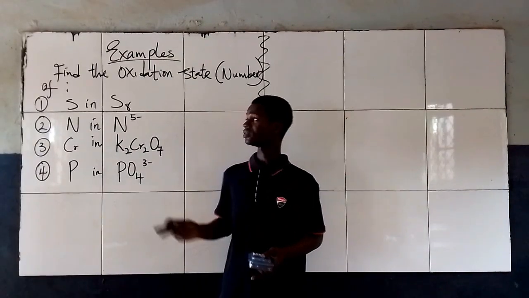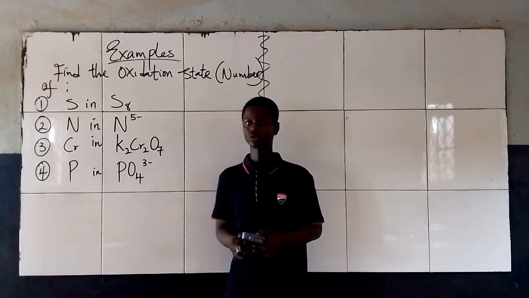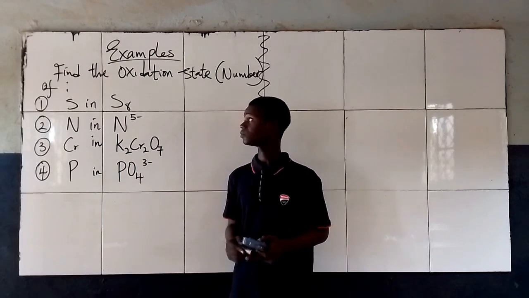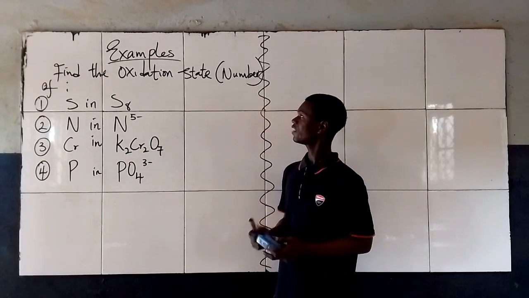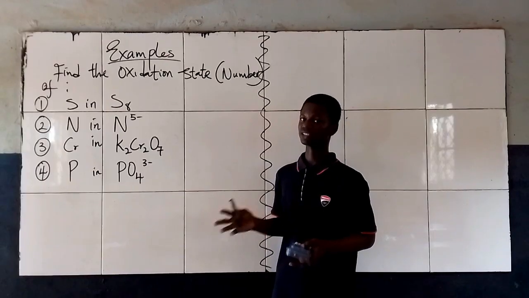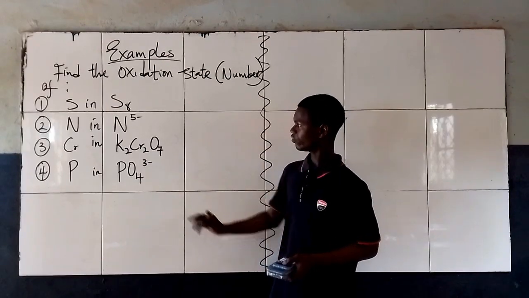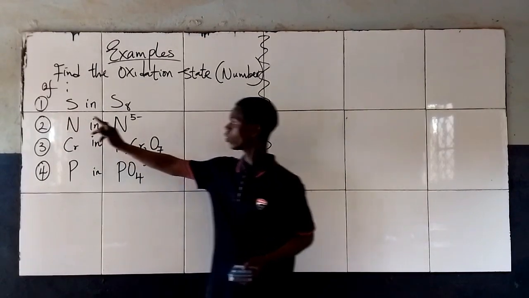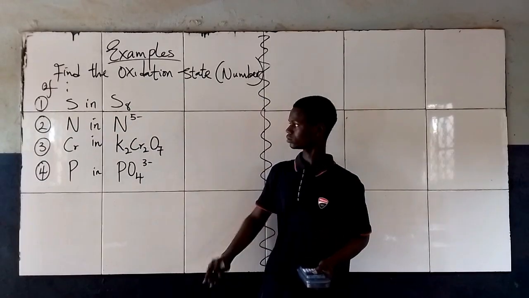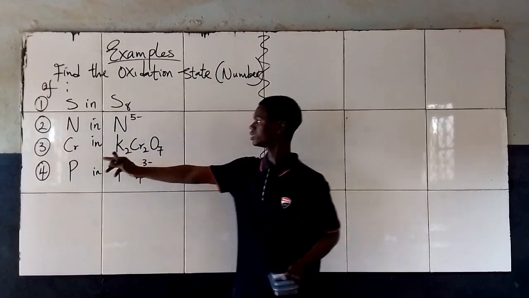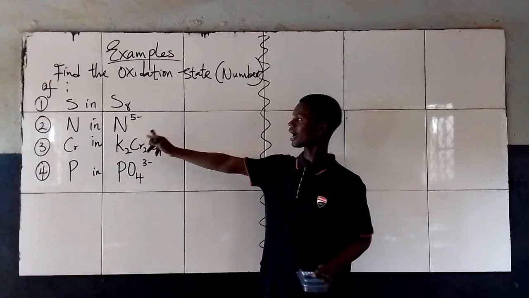Alright guys, here are the questions we are asked to solve under oxidation number. The question reads, find the oxidation state or oxidation number of: first question, sulfur in S8. Number 2 is nitrogen in the nitride ion.